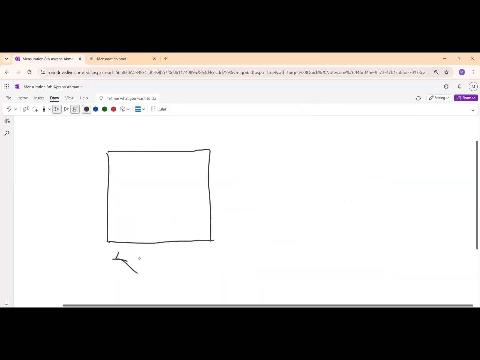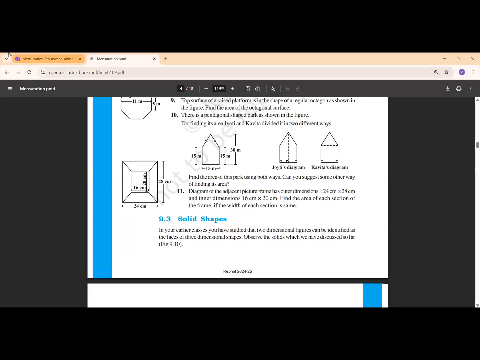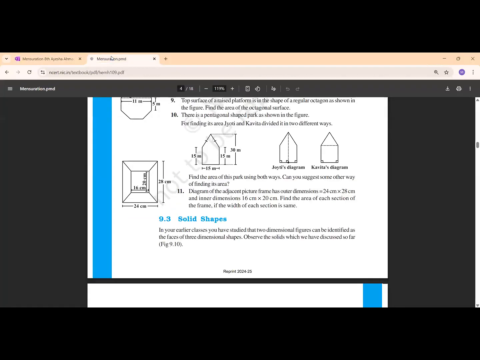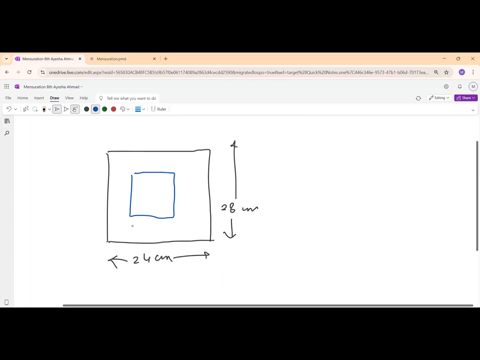So 24 centimeter, 28 centimeter. We have another one inside which is 16 and 20. 16, 20. Correct? Like join like this.